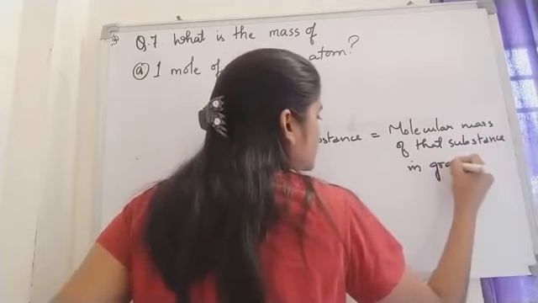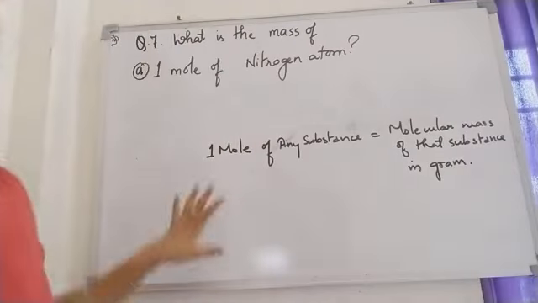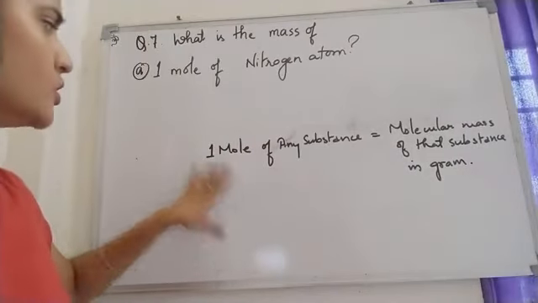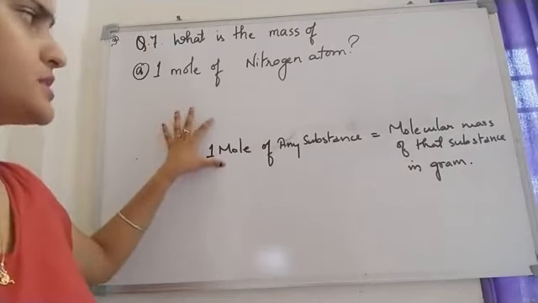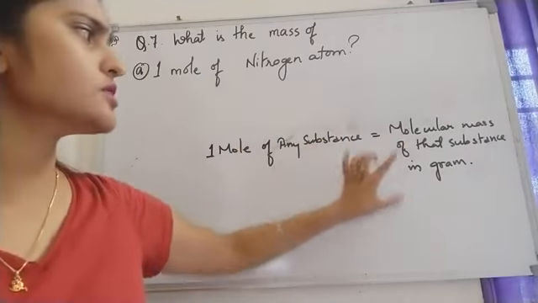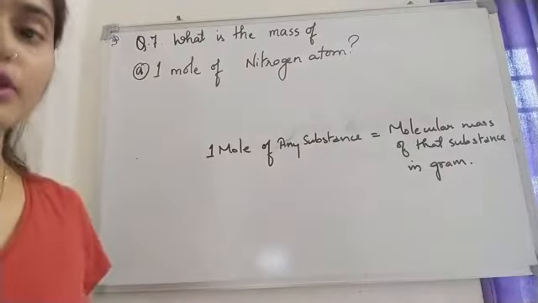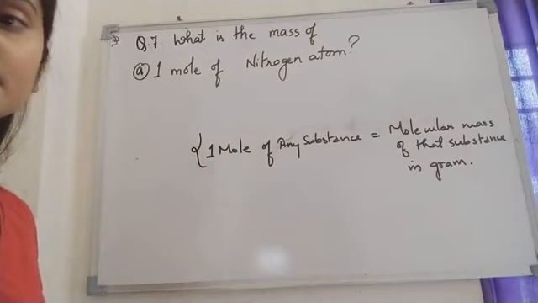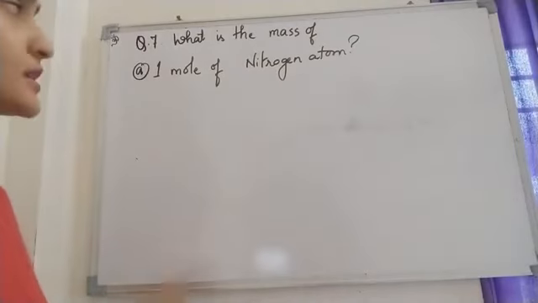Remember this formula. I gave you this formula while explaining the mole concept. Again I am telling you, 1 mole of any substance is equal to the molecular mass of that substance in gram. This is very important.